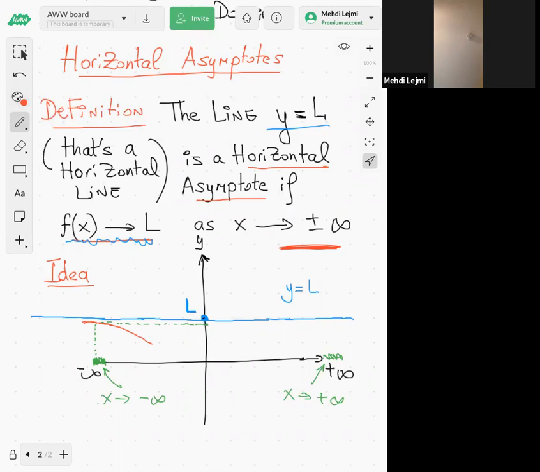It could also be something which looks like this, right?